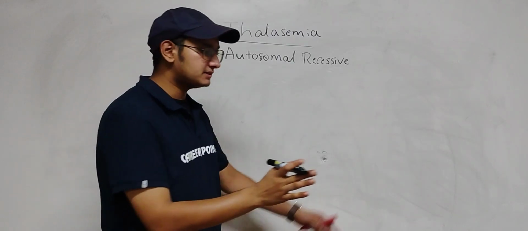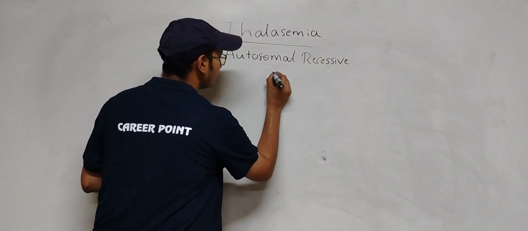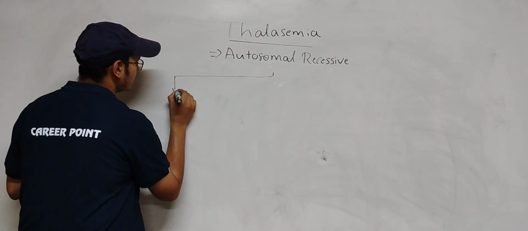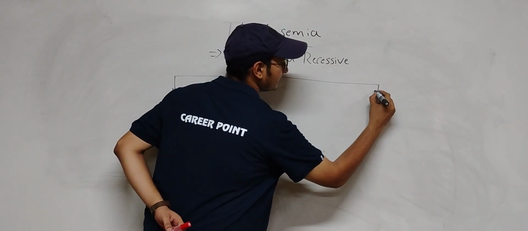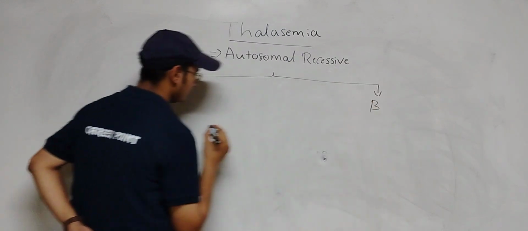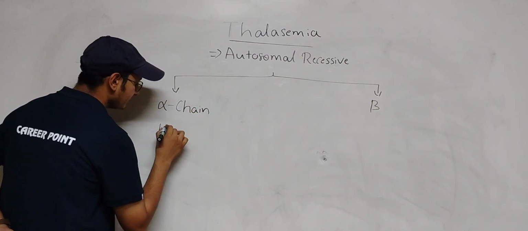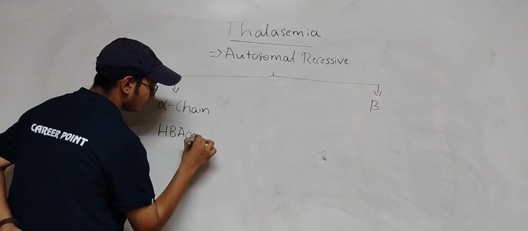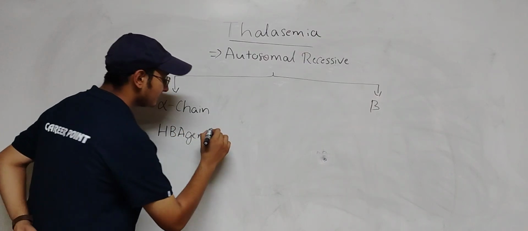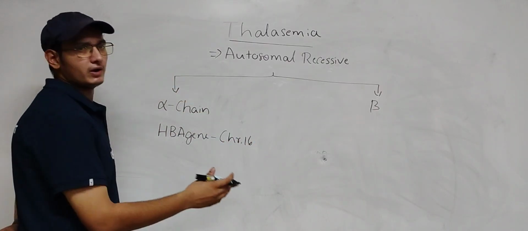Just now in sickle cell anemia we discussed hemoglobin. There we have alpha and beta. The alpha chain is controlled by the HBA gene, which is present in chromosome number 16. Just now I told you about this.